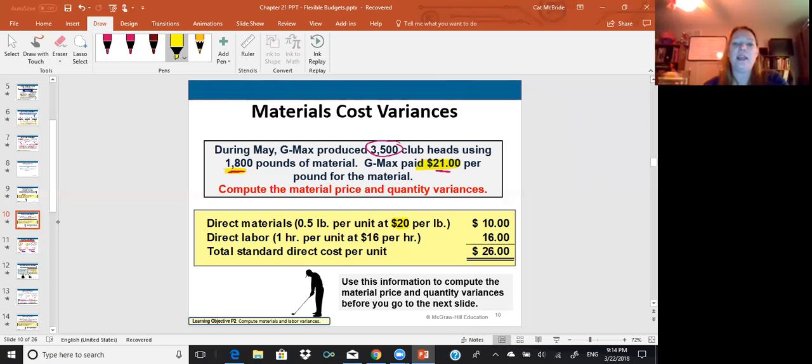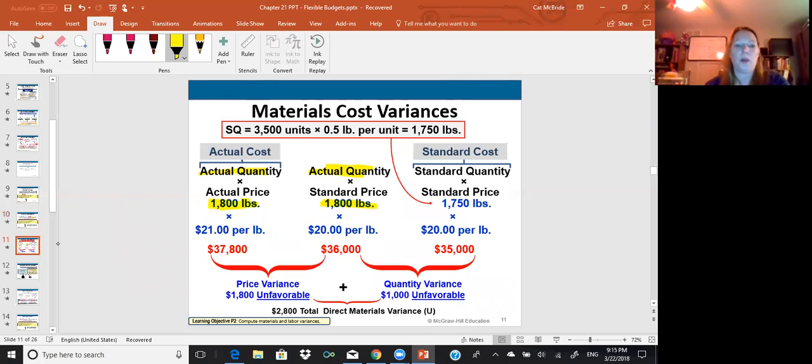Okay, now when we go back here, we paid $20 per pound. So actual price, right here, we paid $21 per pound. So for the actual cost, we're going to take our actual quantity times our actual price. So this is what we actually ended up paying. So 1,800 pounds is what we actually used at $21 per pound. We have a cost of $37,800.